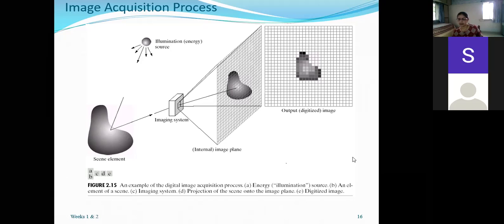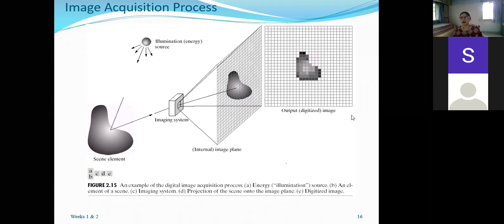Okay, there is one question: is the digital image 2D? Yes, Sharon. As shown here, there are two dimensions. One dimension is the x coordinate, another dimension is the y coordinate, and corresponding to every coordinate you have some intensity value, or pixel gray value, for every pixel in this image plane.